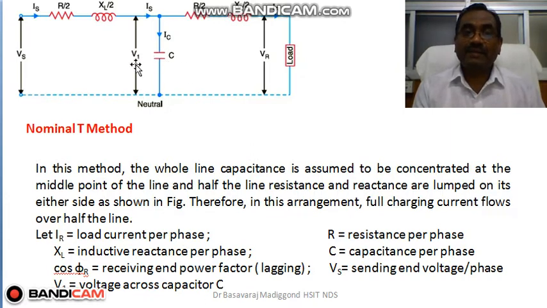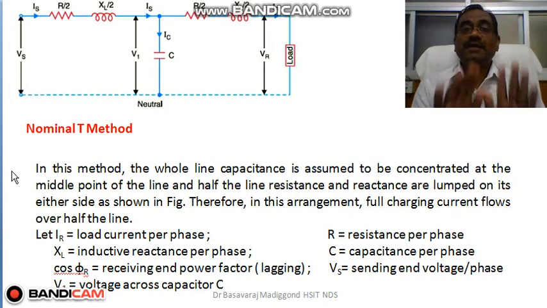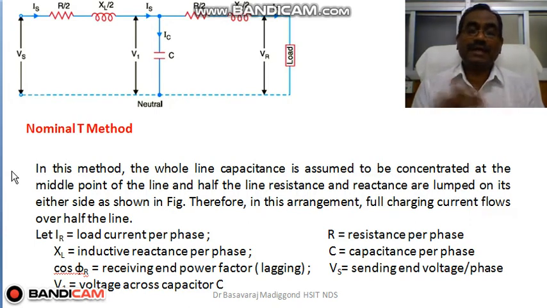V1 is the voltage across the capacitor, R is the resistance per phase, C is the capacitance per phase, and Vs is the sending end voltage per phase. We generally take a single phase so that the calculations are easy, and the result we obtain in the single phase can be converted into three phase. For example, if I get Vs per phase value, then the three phase value will be root 3 Vs.